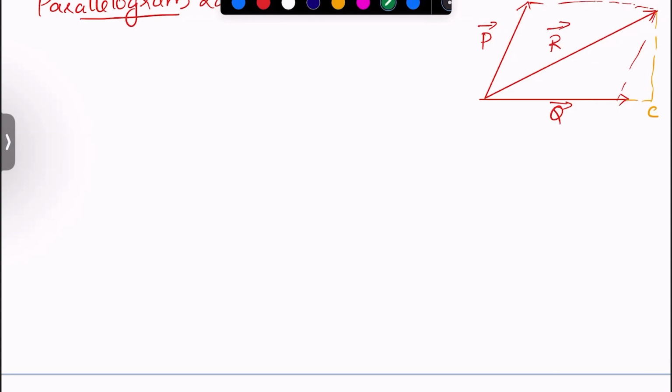Now we will be naming these points O, A, B, D, and this is the angle theta. So this is also the angle theta.